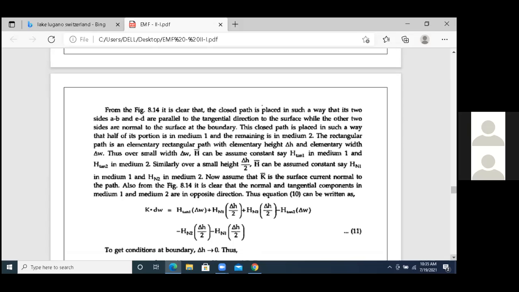The rectangular path is an elementary rectangular path with elementary height delta H and elementary width delta W. So over small delta W, H can be assumed to be constant.